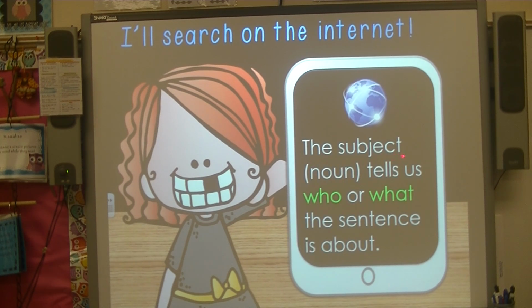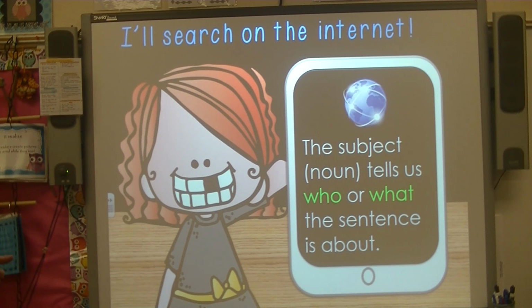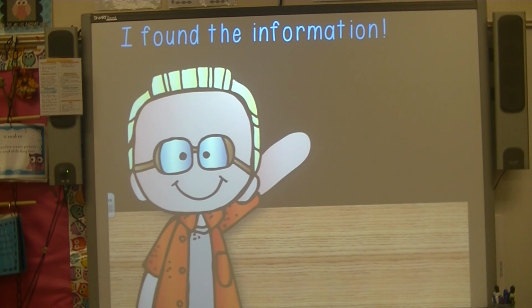The subject or noun tells who or what the sentence is about. So the subject tells you who your sentence is about or what your sentence is about. I found the information.